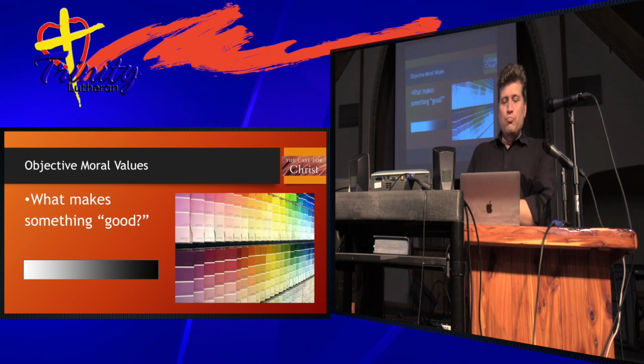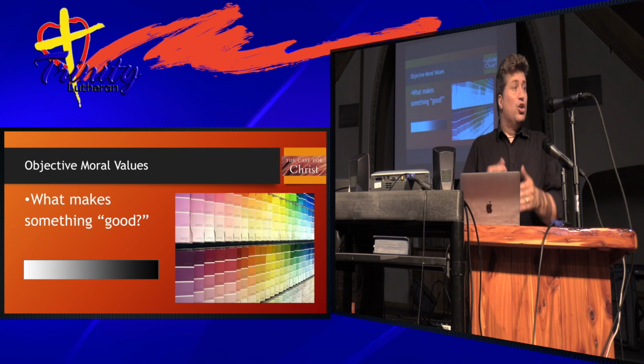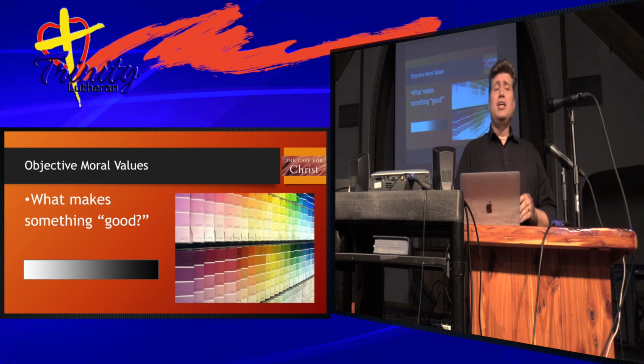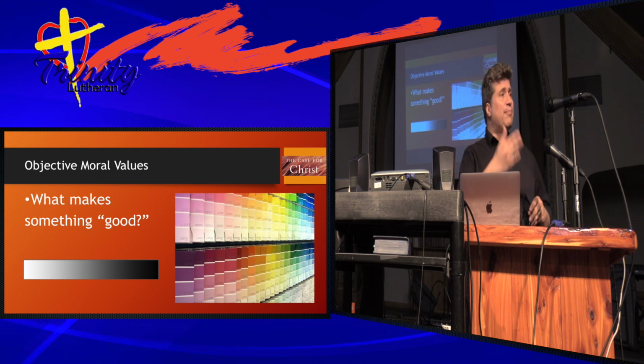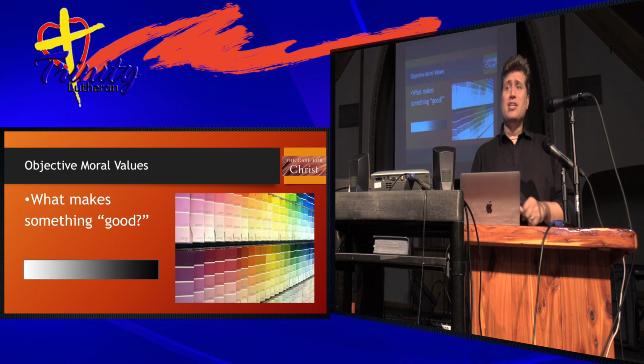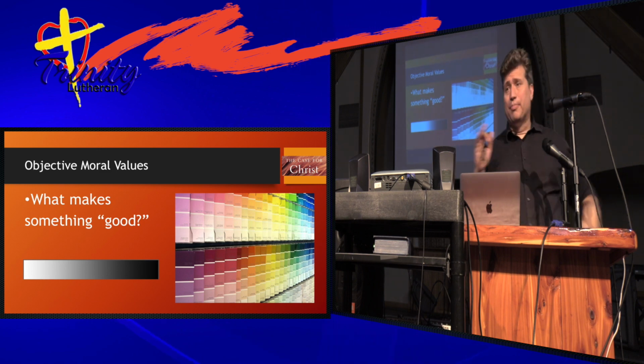The further you move toward the left, the more good something becomes. So that's what we mean when we say something is good. We're saying it resembles that character trait in God. None of us meet it perfectly, but we're somewhere along that scale, and we're certainly on the white side of the scale, not the black side, in this example.